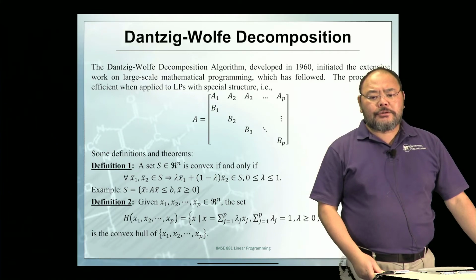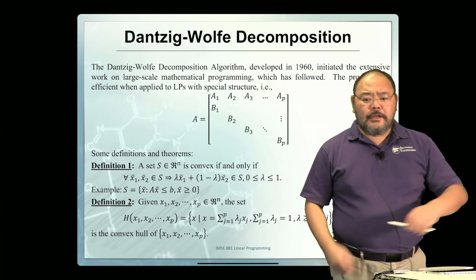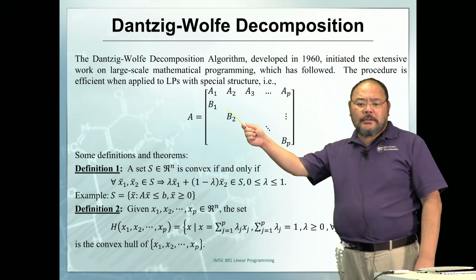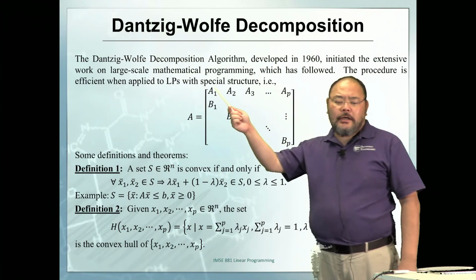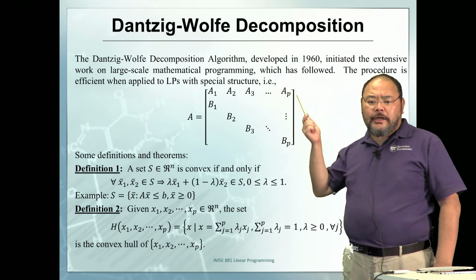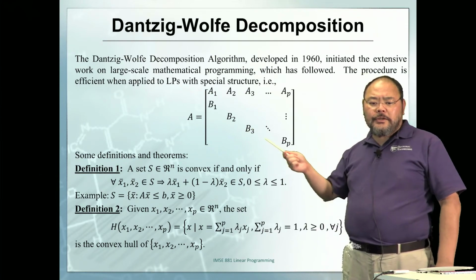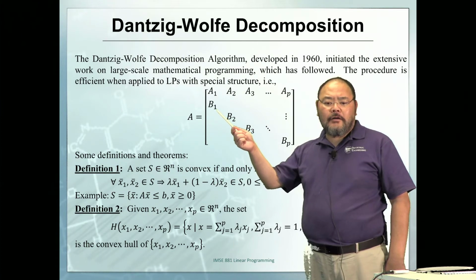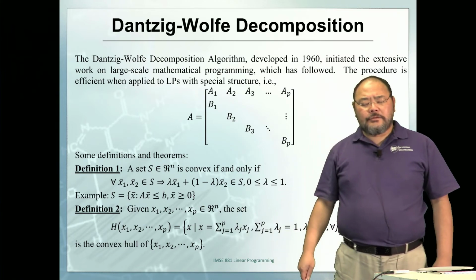And the problem structure looks like this. Initially, you have a set of constraints A, which have a fairly special structure. For example, the B1 matrix is a so-called block diagonal structure, which means only a few of the decision variables are actually involved in those constraints.